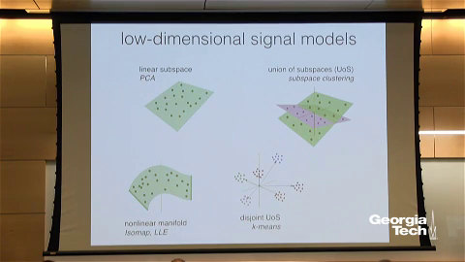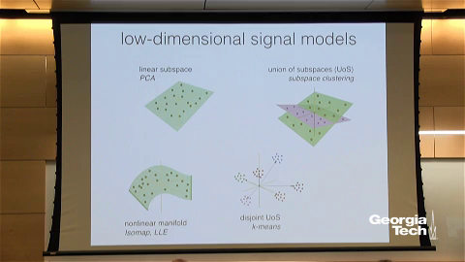I've talked about this idea of characterizing many points in this high-dimensional space as living on a linear subspace. This is one of the most common ways that we think about forming a low-dimensional model for data. But there are many other ways that the structure of these neural activities, or just data, can live in this high-dimensional space.